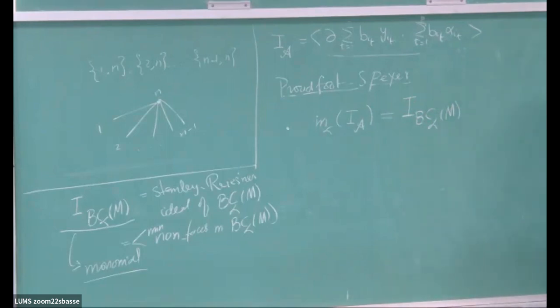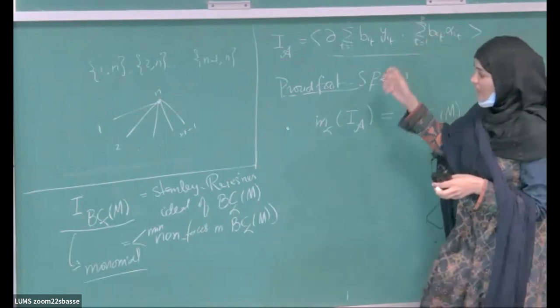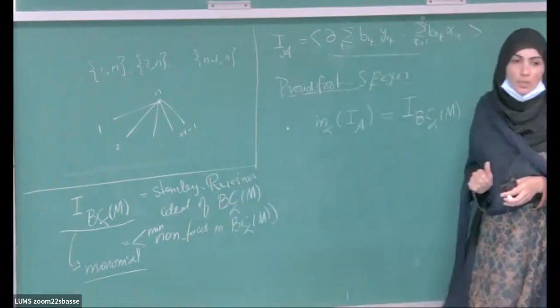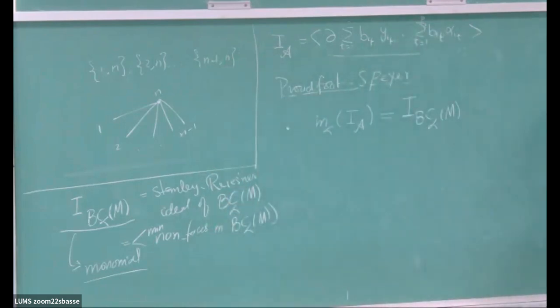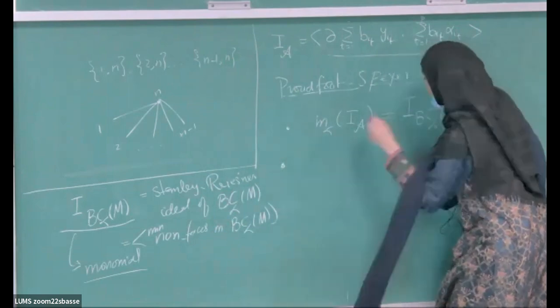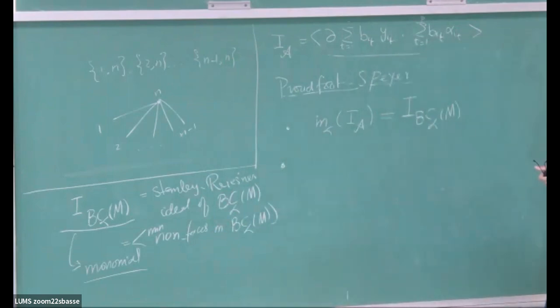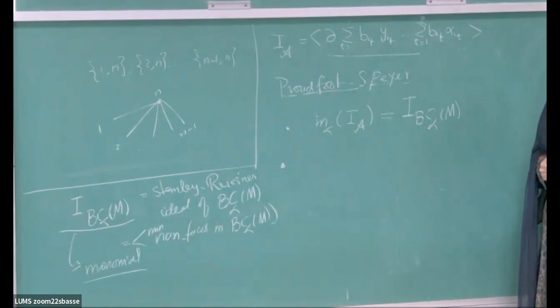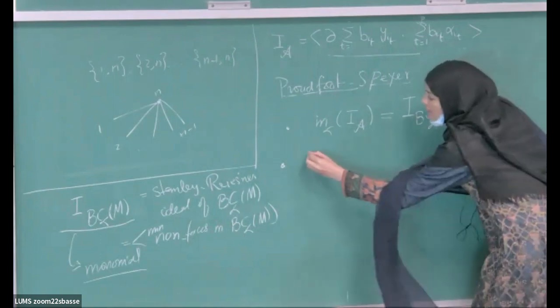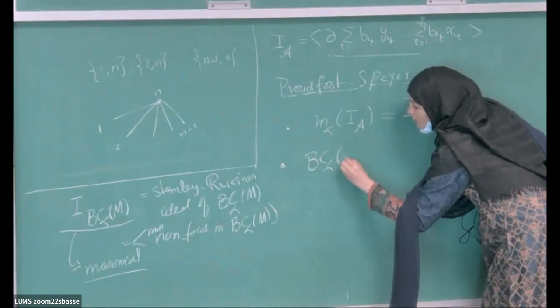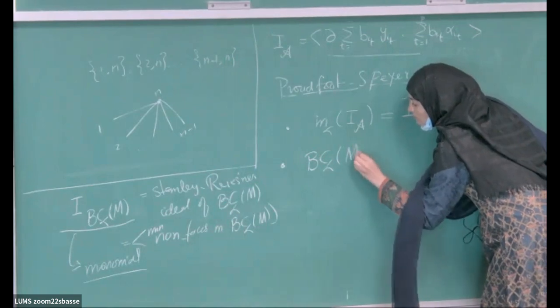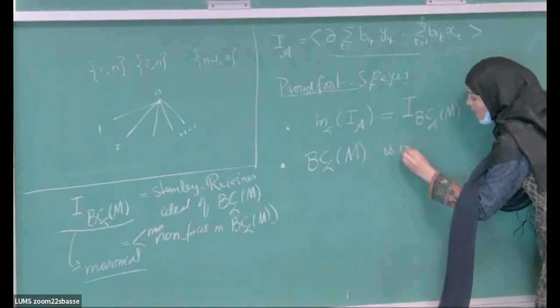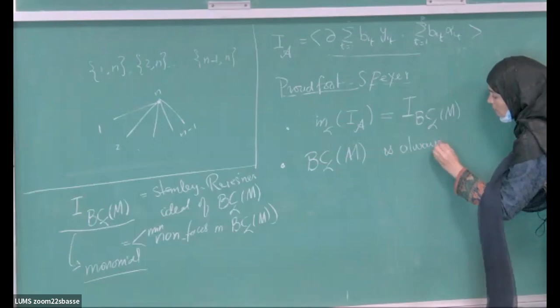So this is the connection between this ideal and these simplicial complexes with the monomial one. And furthermore, one more result in combinatorial commutative algebra is that this broken circuit simplicial complex is always shellable.